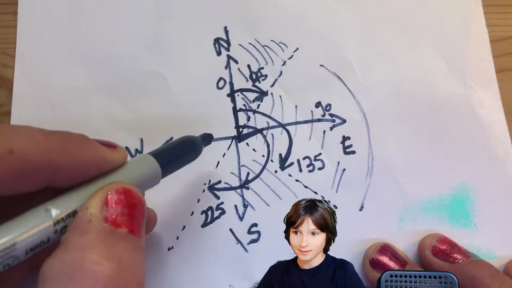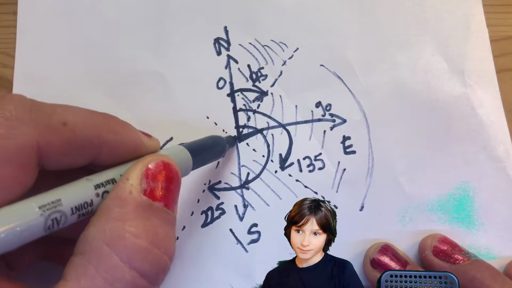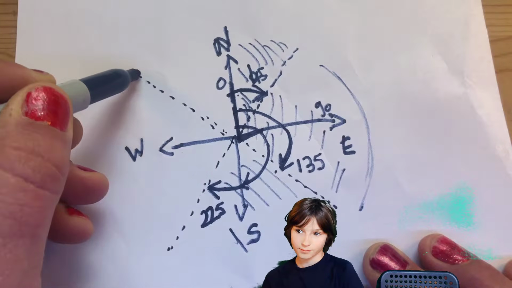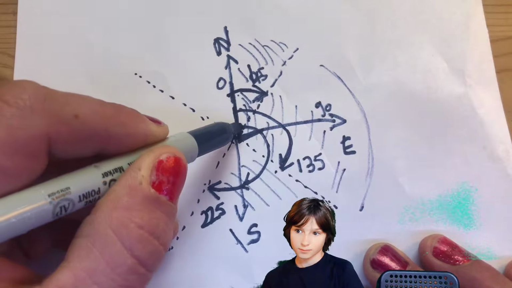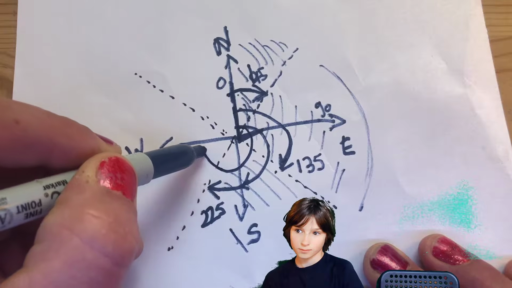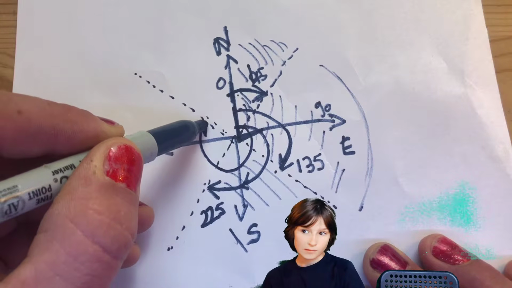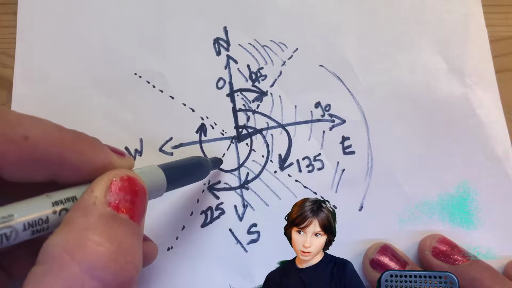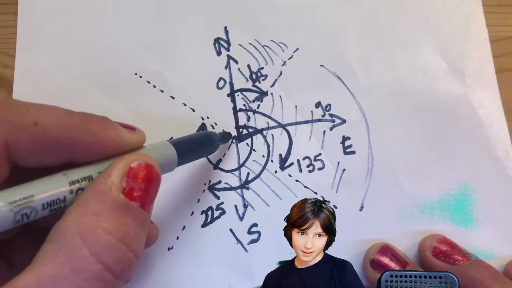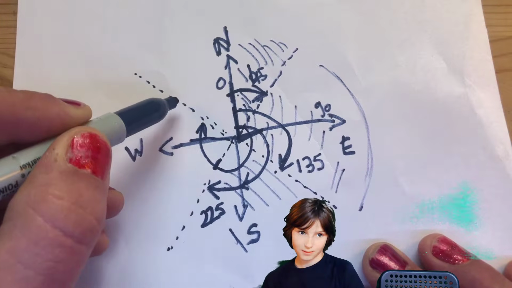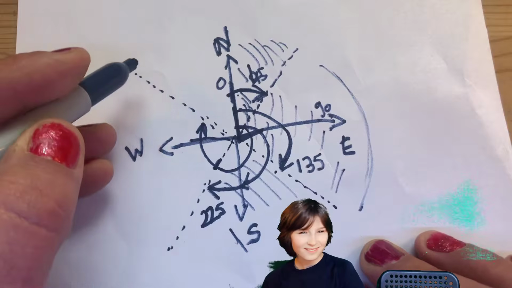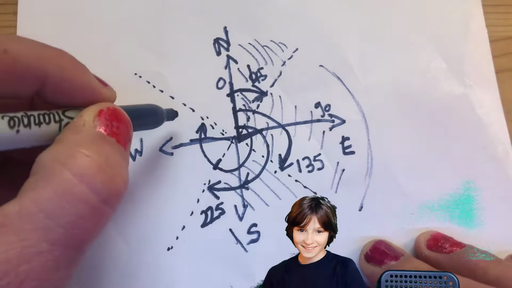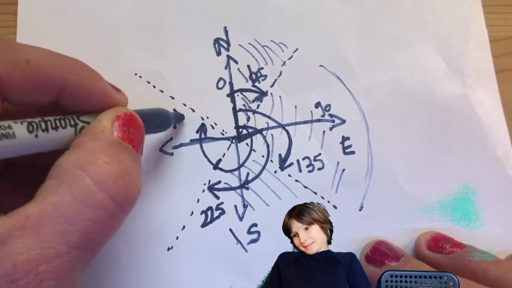Yeah. So here we need to handle, we want to do 225 plus 45, plus 90. Oh, plus 90. Hard computation. 315. 315.